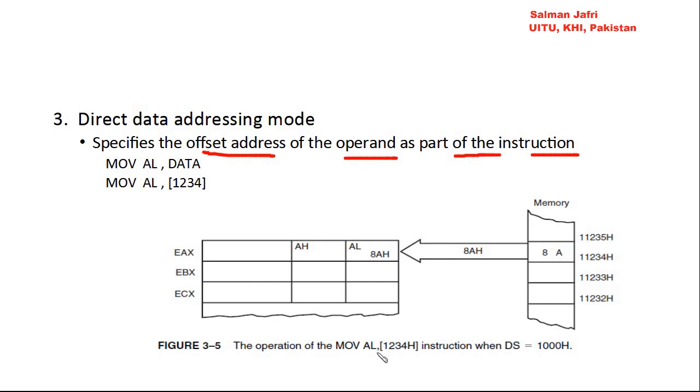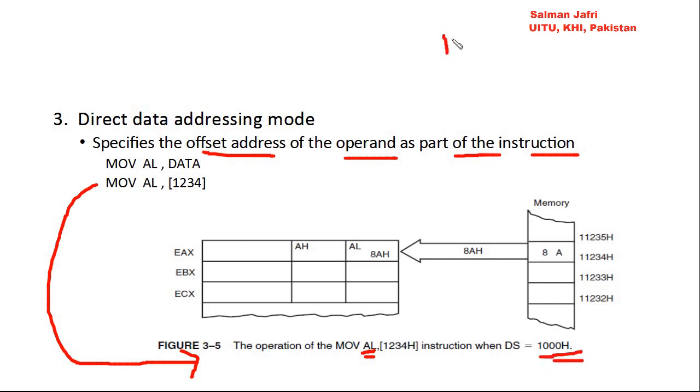Now let's look at this example in the figure that is shown. The contents of 1234H would be loaded into the AL register. Since it is an 8-bit register, only one memory location would be referenced. Now how would the memory address be calculated? DS is 1000H.